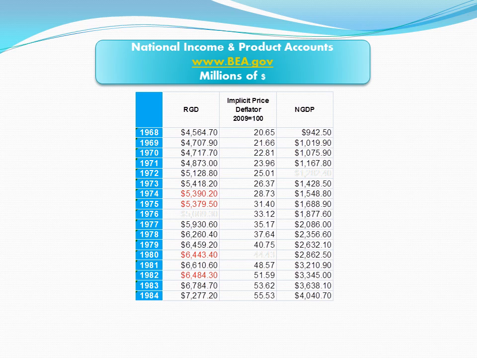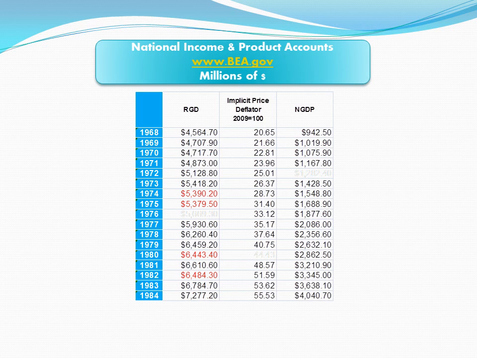Here in the center, we have what's called the implicit price deflator, or the amalgam of all the prices in the economy, not just one or a subset of them. And these figures come from the national income and product accounts that are reported by the Bureau of Economic Analysis. You can see their website, www.bea.gov. In the national income and product accounts are all the components of GDP and their calculations over time.